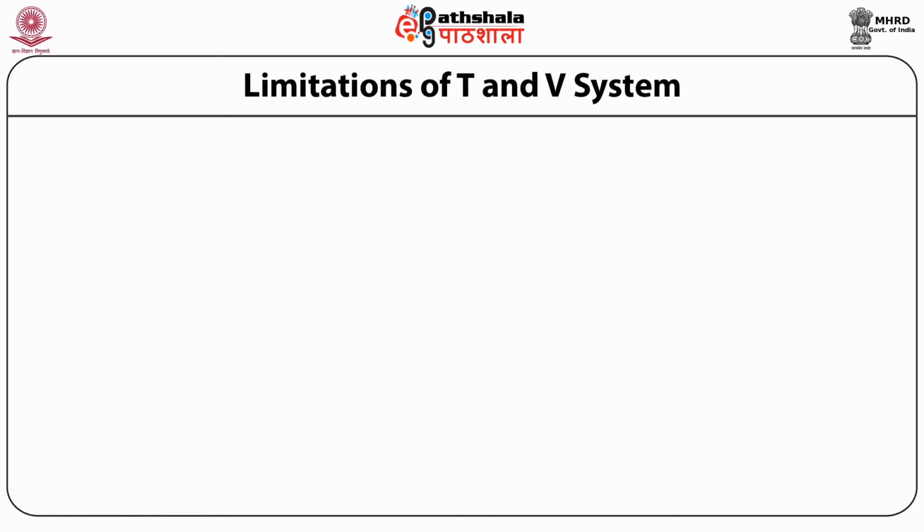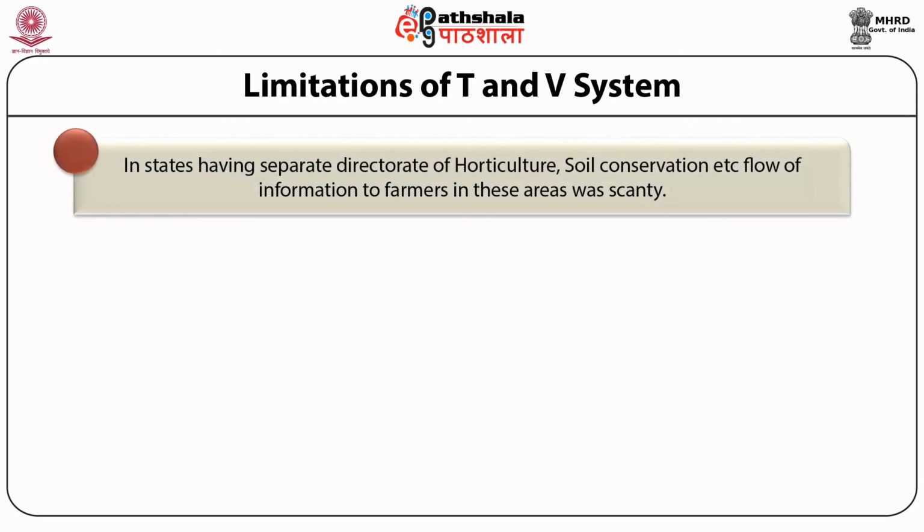In continuation of the limitations that we are discussing under the T&V system, in states having separate directorates of horticulture, soil and water conservation, etc., the flow of information to the farmers in these areas was very scanty. Many states were having separate directorates to support the farmers.